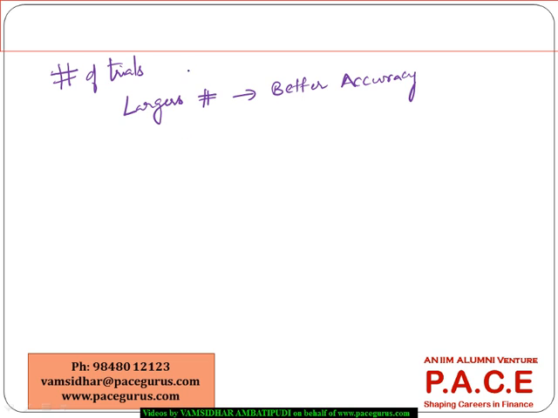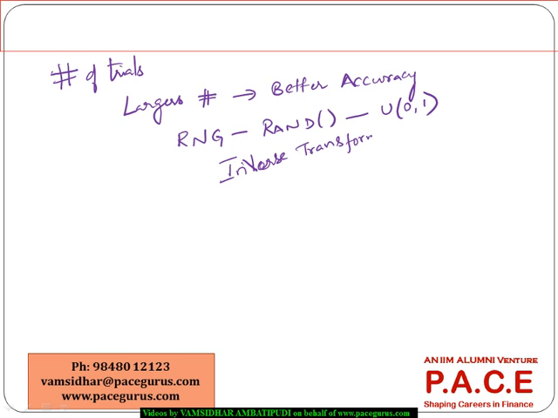So always we can start with a random number generator, which as I said is the RAND function in a tool like Excel, which will generate some random value based on a uniform distribution between 0 and 1. Then I can use what is called the inverse transform method, and use that method to transform the uniformly distributed random variable to an equivalent random observation matching some other distribution.